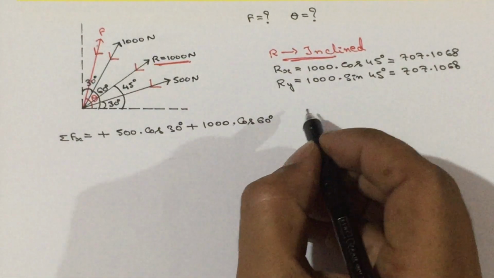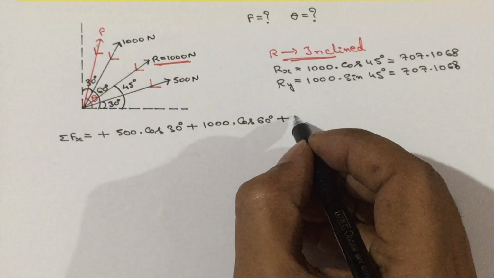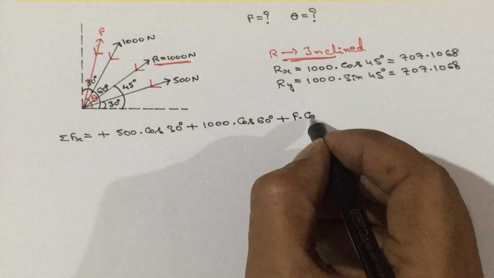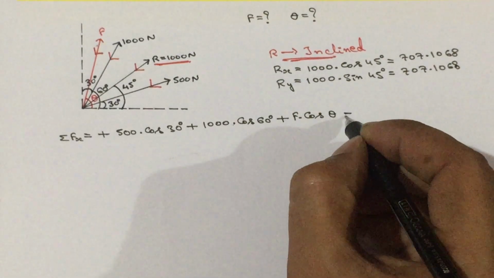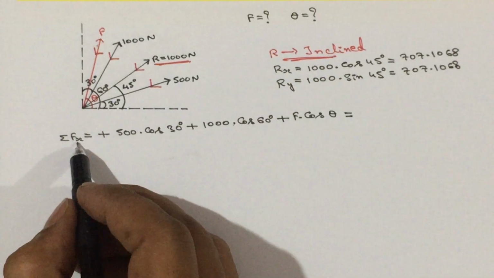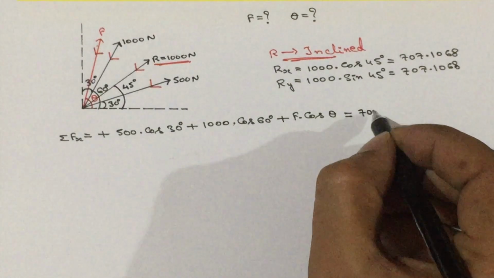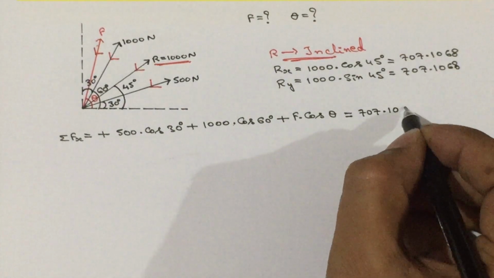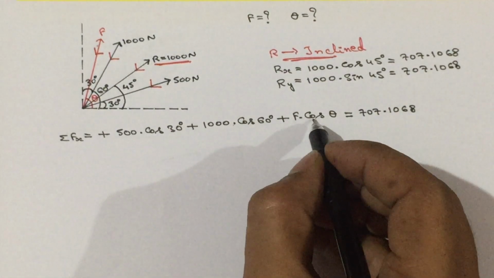Then the third force is F. Horizontal component, it is rightward plus, component is F into cos theta, vertical component leave it, then that should be equal to sigma fx will be equal to Rx. Rx is given as 707.1068. So here the unknown is F cos theta.